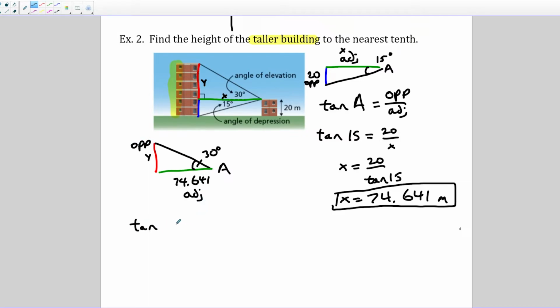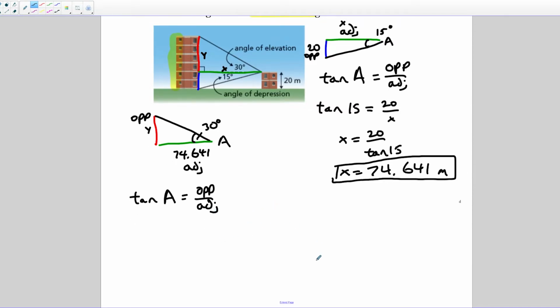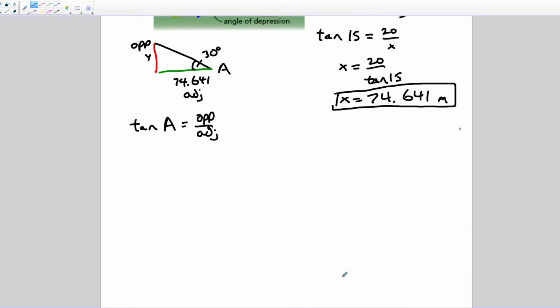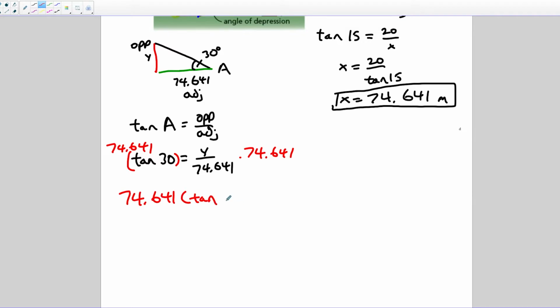So I have tangent of A is equal to opposite over adjacent. Let's move this guy up a little bit. And I end up with tan of 30 is equal to y over 74.641. So to isolate for y, I'm going to multiply both sides by 74.641. So do that to both sides. So we'll end up with 74.641 times the tangent of 30, and that's equal to y.